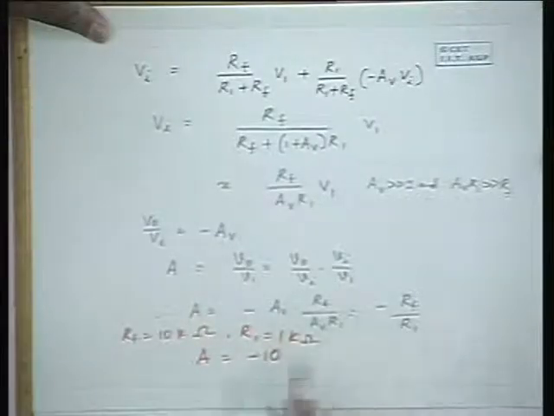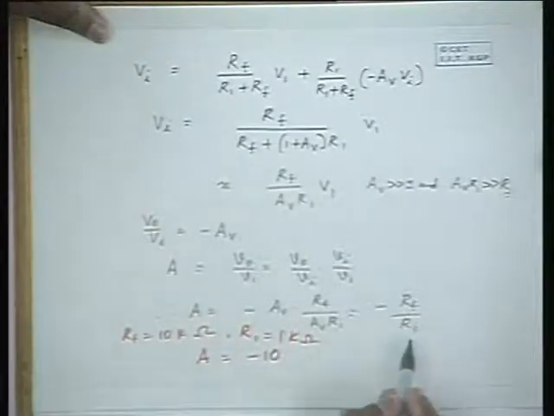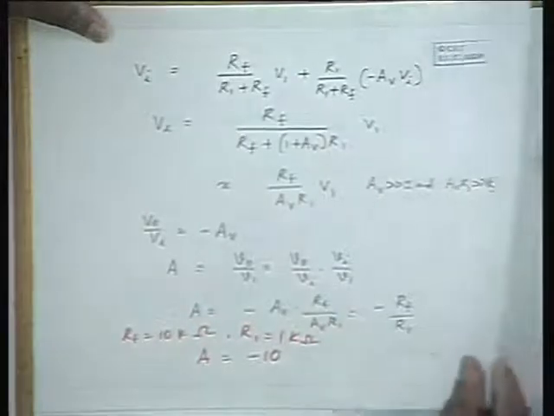So the same analysis can be carried out with the help of the virtual ground also. This analysis can be carried out, and we can show that the gain is minus Rf by R1 with the virtual ground concept also.